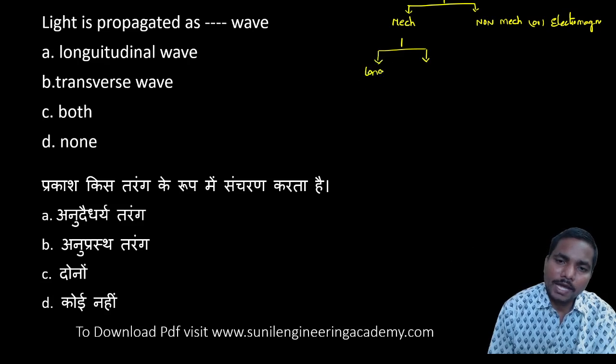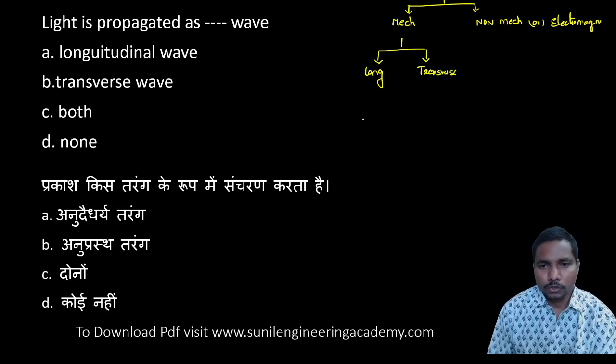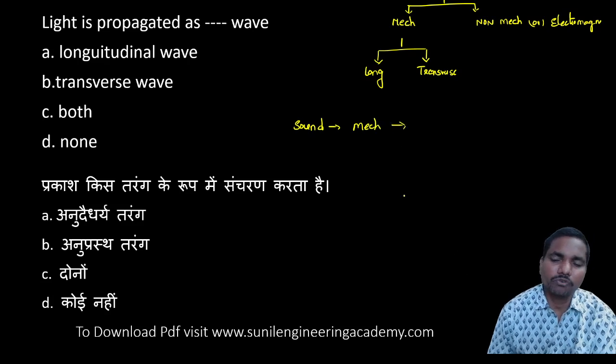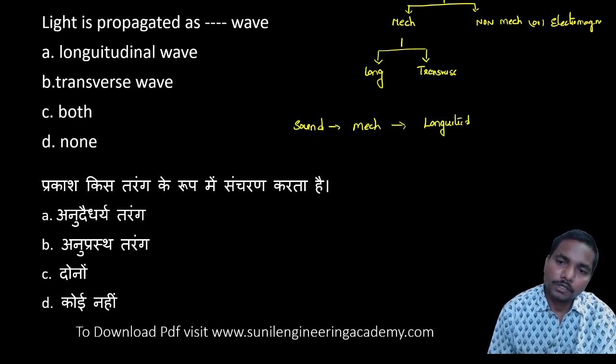One is longitudinal, second one is transverse wave. Generally sound is a mechanical wave, and all the particles vibrate parallel to the direction of propagation of wave. So you can say it is propagated as longitudinal wave.